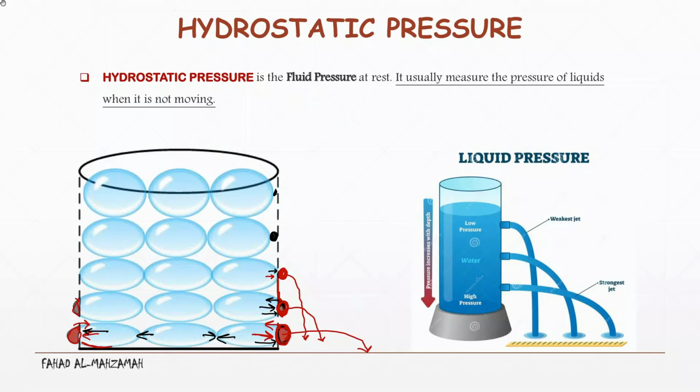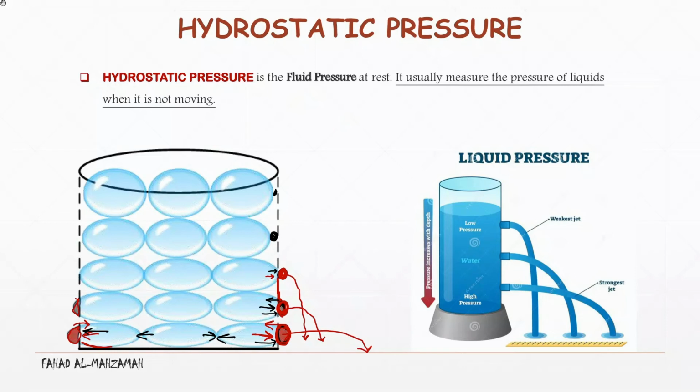Point number 2 says that at a specific height, so we are talking about horizontal, the pressure at all the points for that specific height is the same.